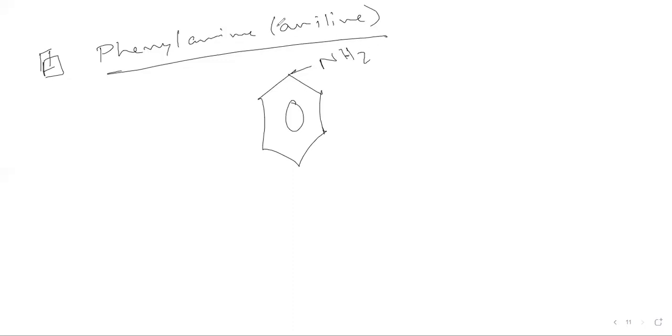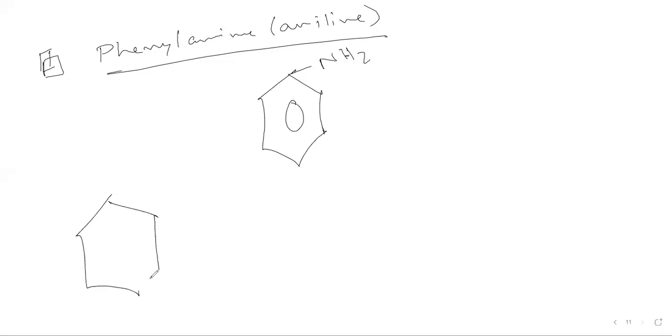Now this aniline has a structure like this. This is the amine group, which is on top of our benzene. But why is benzene not mentioned? Why phenylamine? Because the formation of this phenylamine is from nitrobenzene.